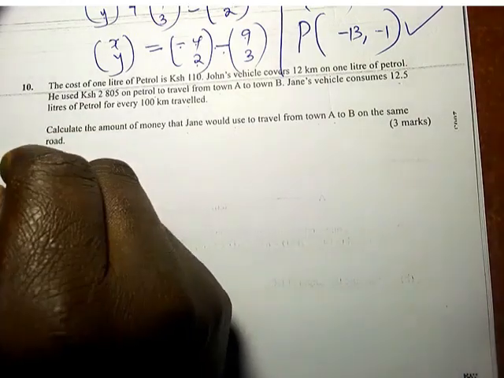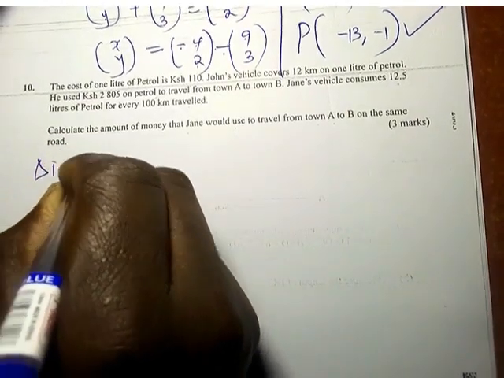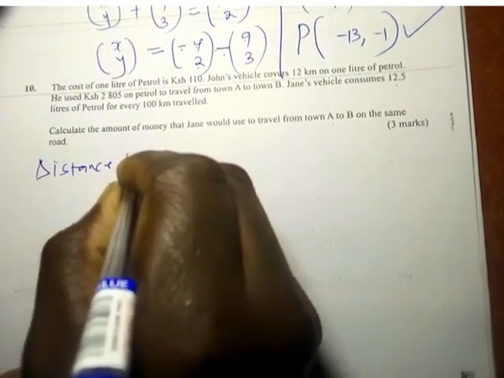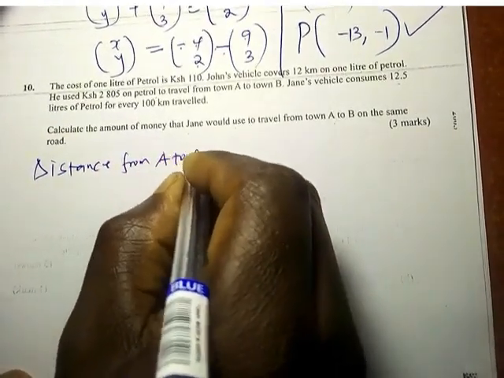So the distance from A to B is actually very easy to get.